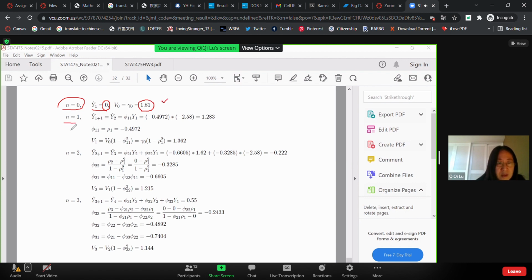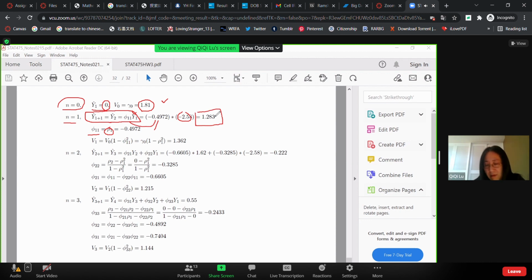For n equals 1, y2 hat, or y1 plus 1 hat, equals phi11 y1. That's the same for each algorithm. Because phi11 equals rho 1 by definition, you plug in this one here, and that's your forecast for y2 hat.